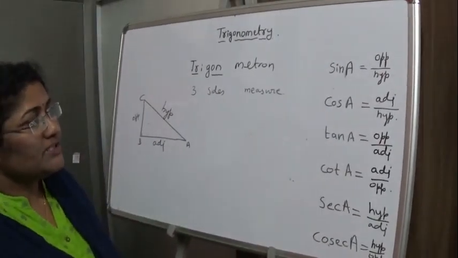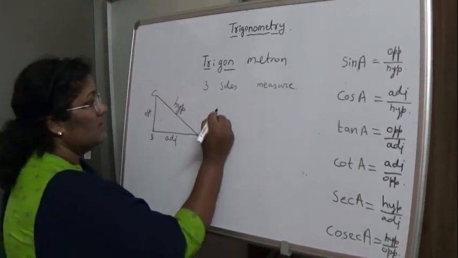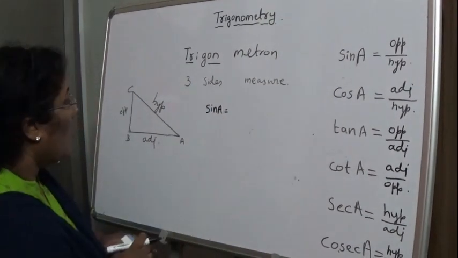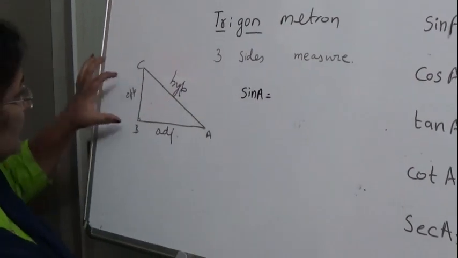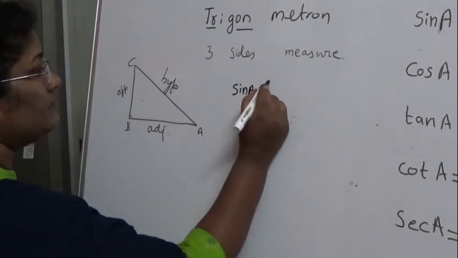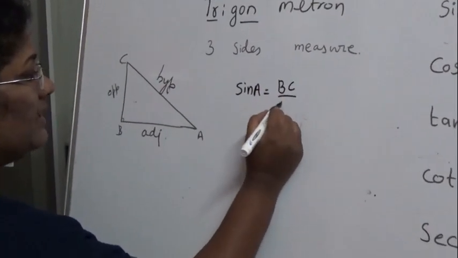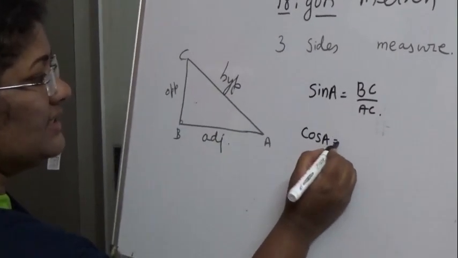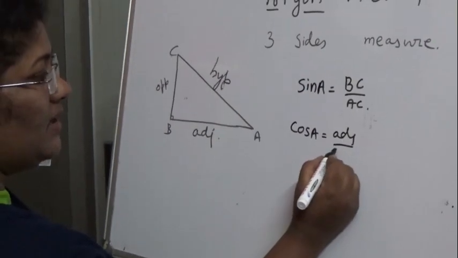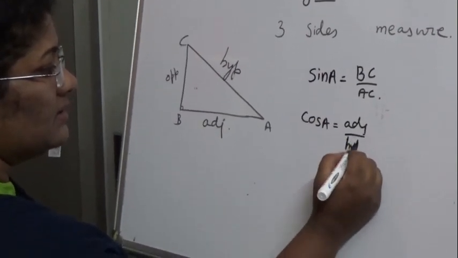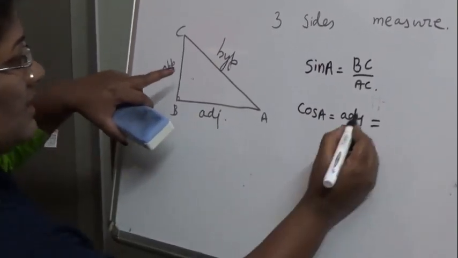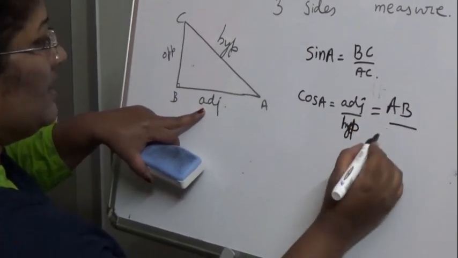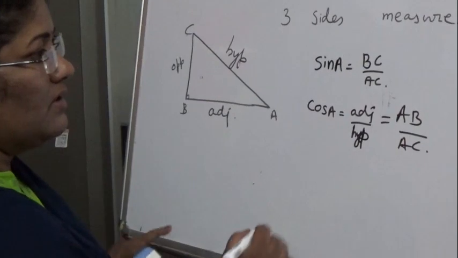Sin A means opposite by hypotenuse, that is BC by AC. Cos A is adjacent by hypotenuse, and adjacent means AB, so AB by AC.